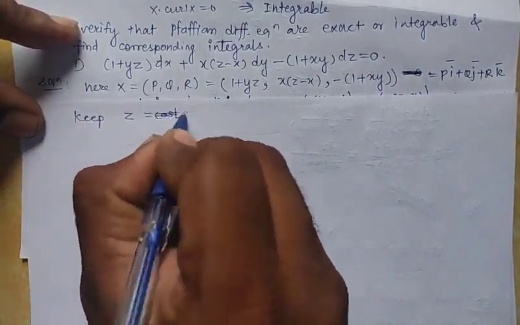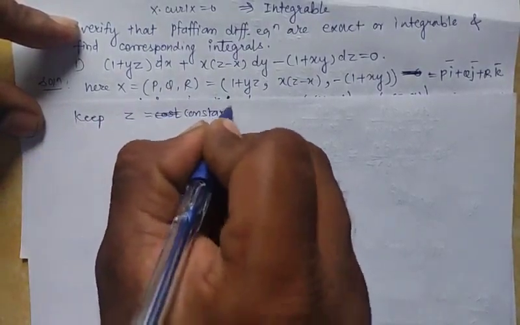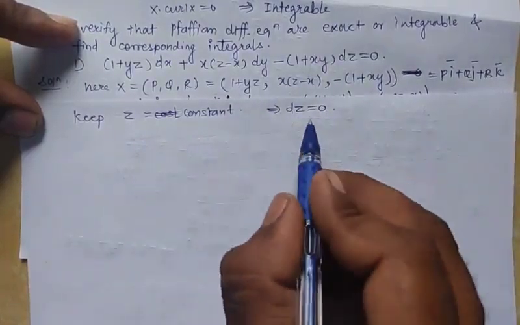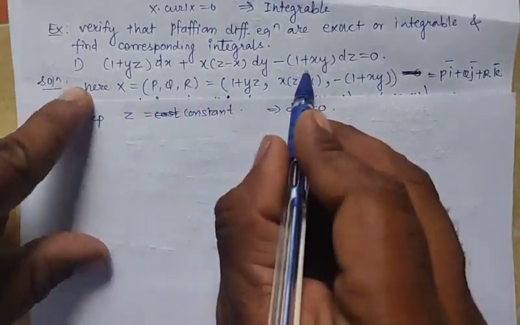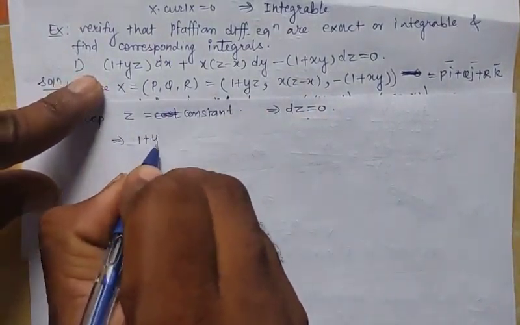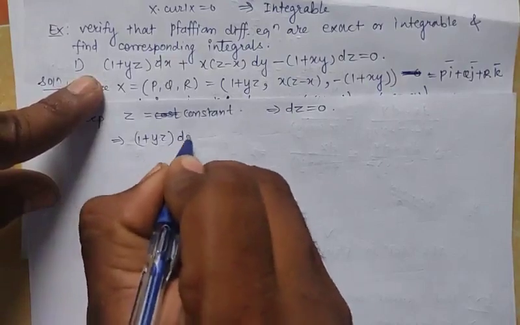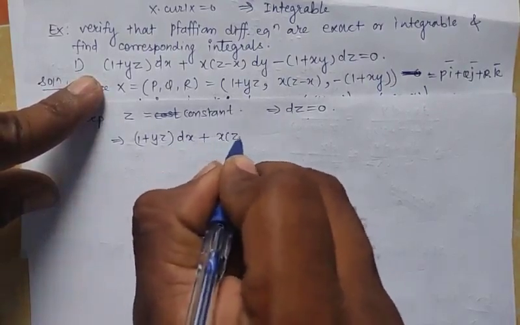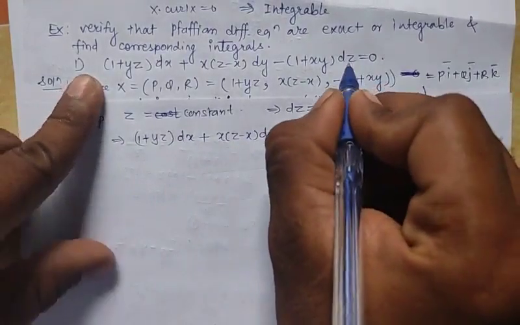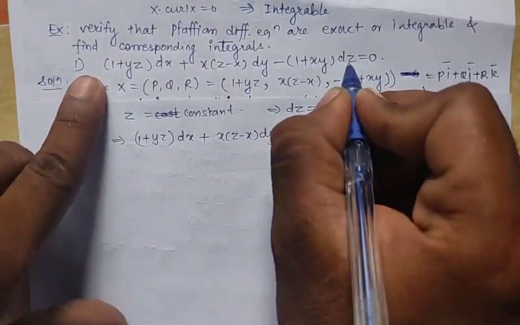If z is constant, then its derivative will be 0, so dz will be 0. Using this in the equation, we get (1 plus yz) into dx plus (x into z minus x) dy equal to 0, because here dz will be 0.